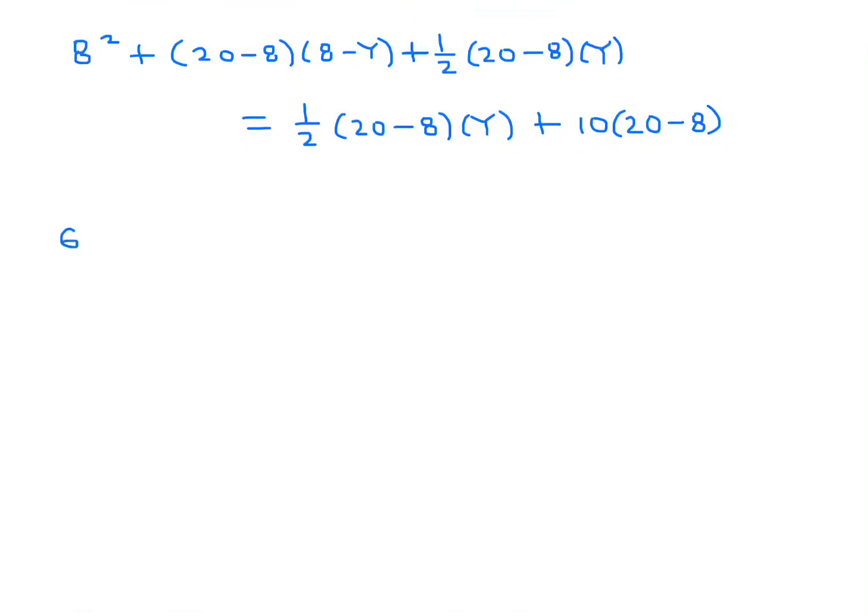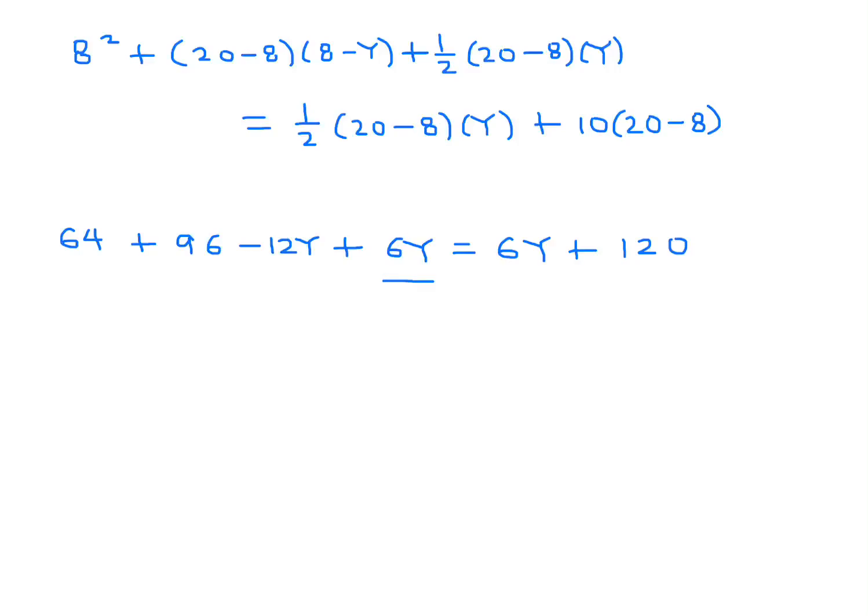So we've got 64, and then we've got 12 times 8, which is 96, and then 12 times negative y is minus 12y. And then we've got 20 minus 8, which is 12. 12 divided by 2 is 6y. And then that gives me 12 divided by 2 is 6y again, plus 20 minus 8 is 12, times 10 is 120.